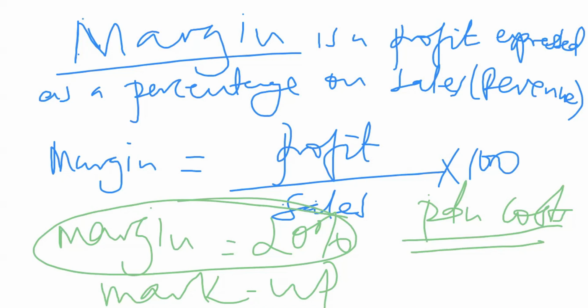Which calls for the skill of how to convert a margin to a markup. Since we don't apply margin to costs, you have to convert the margin to markup and then apply the markup directly to the production cost or the manufacturing costs.